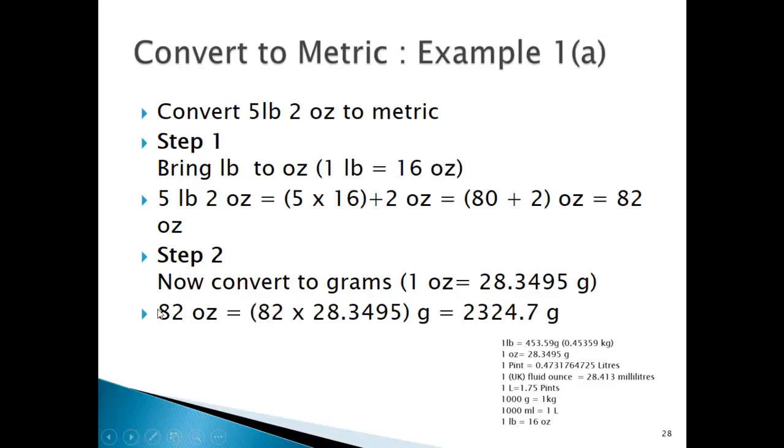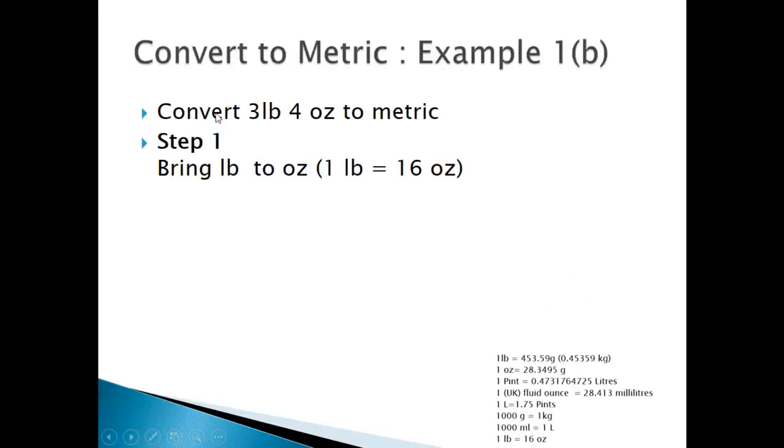So all we do is multiply the 82 by 28.3495 on your calculator, and we know that 5 pounds 2 ounces is the same as 2,324.7 grams. So now we've converted from pounds and ounces across into grams.